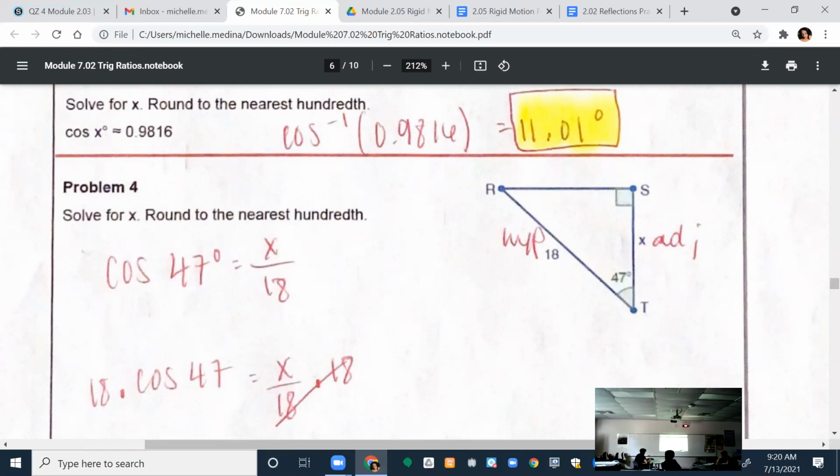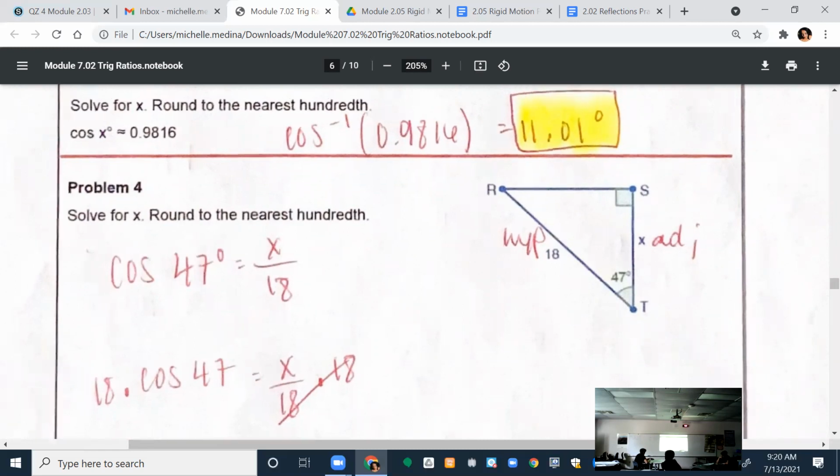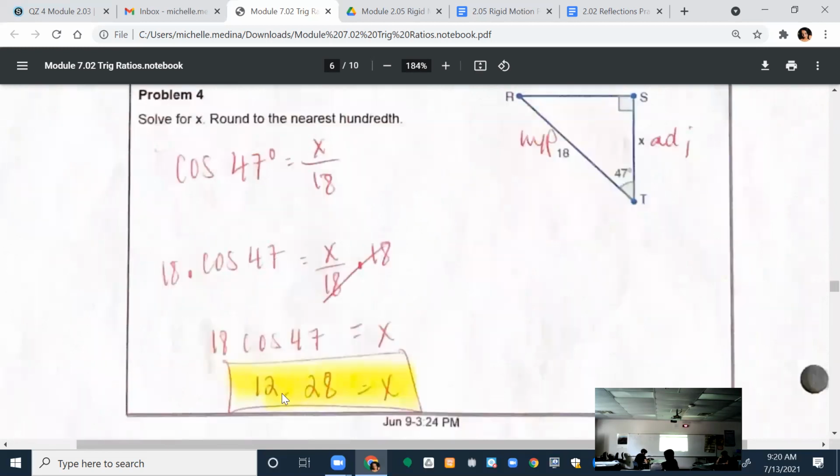Solving for x gives you 12.28. Questions on problem 4? Please speak up if you're not sure where a number came from. I'll be happy to tell you.